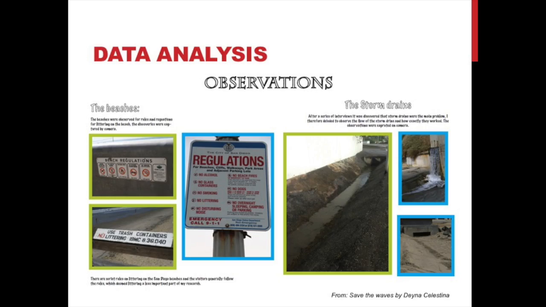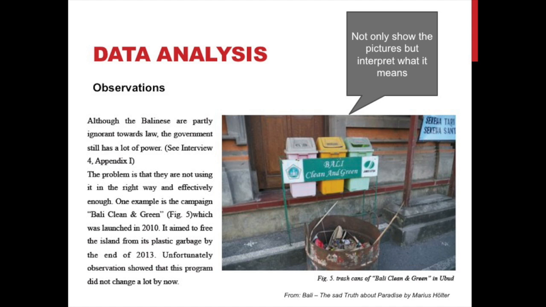Here you see an example of data analysis of observations done by a student. You see photos that the student took, and she grouped the photos together. One group is about regulations that are shown on signs, and the other one is the storm drains that she saw during her observations.